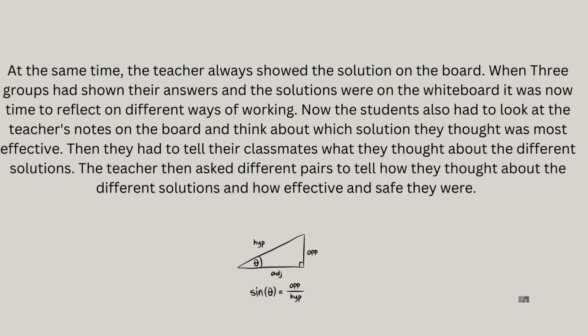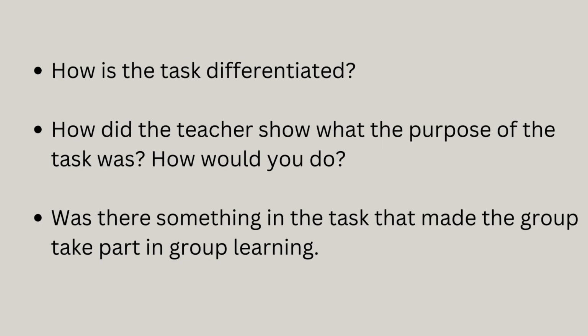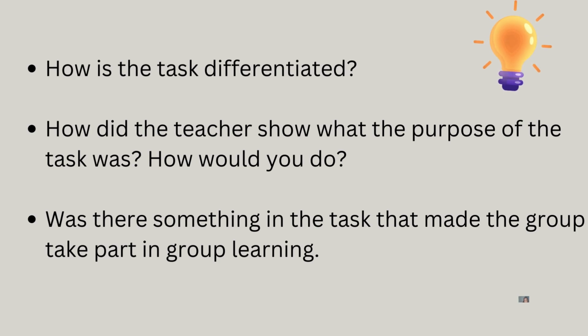Then they had to tell their classmates what they thought about these different solutions. The teacher then asked different pairs to tell how they thought about the different solutions and how effective and safe they were. My question for you is, how is this task differentiated in terms of method, level, and pace?